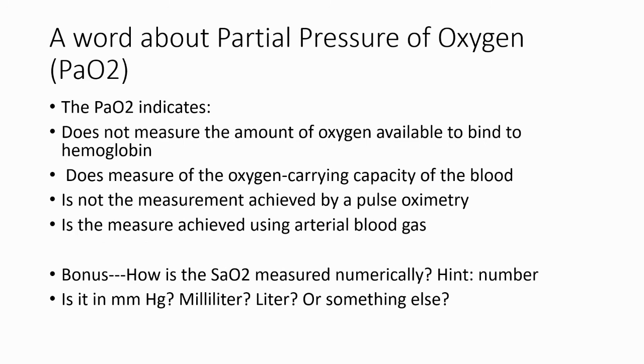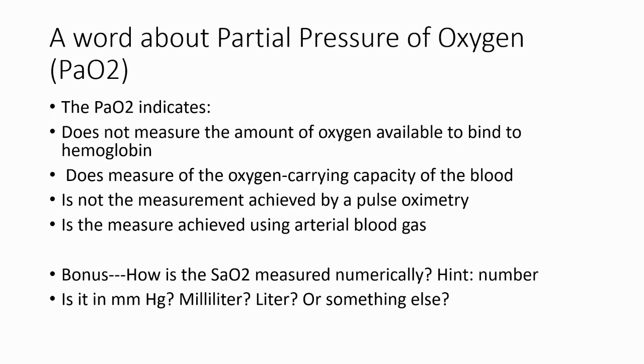So the PaO2 does not measure the amount of oxygen available to bind to hemoglobin. It does measure the oxygen carrying capacity of the blood. It is not the measurement achieved by pulse oximetry, but it is the measure achieved using arterial blood gas.